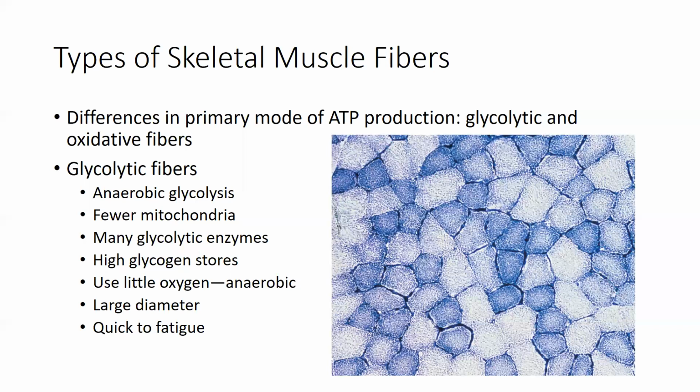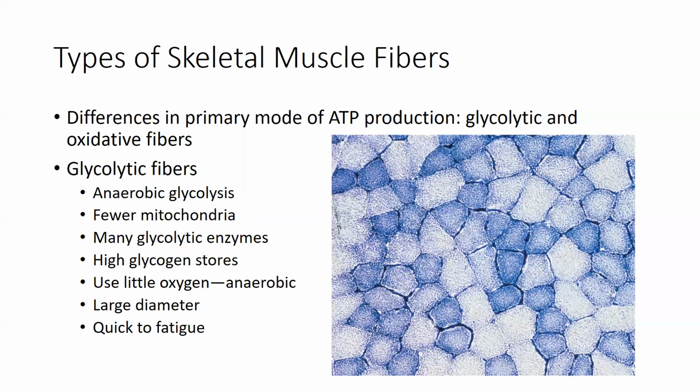You want lots of those enzymes because glycolysis is an important metabolic process for these fibers. Now they're going to have lots of glycogen stores, which only makes sense again. You are breaking down glucose as the main source of ATP here, so you need a ready supply of glucose stored, which is glycogen.